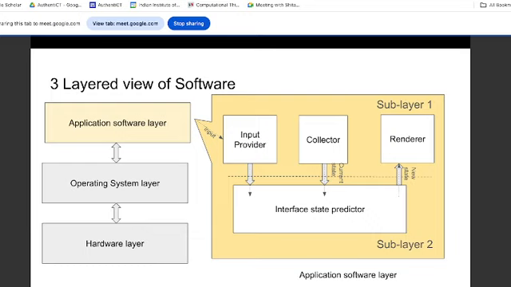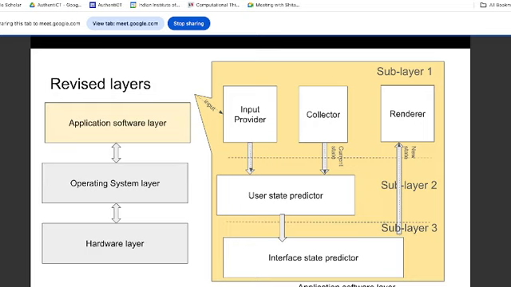That work, what changes need to be done, is done by this interface state predictor. It sends the state to the renderer. The renderer takes care of showing those states on my screen. So the new state is sent to the renderer, and it gets shown on the application software layer through the renderer block.